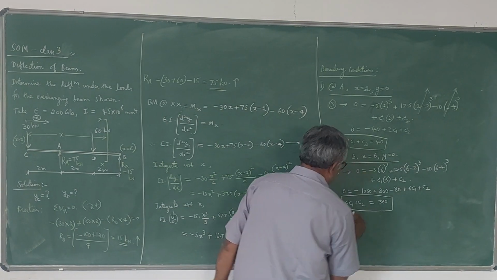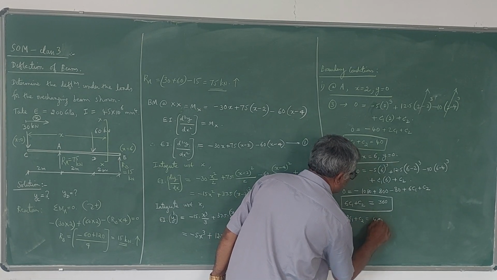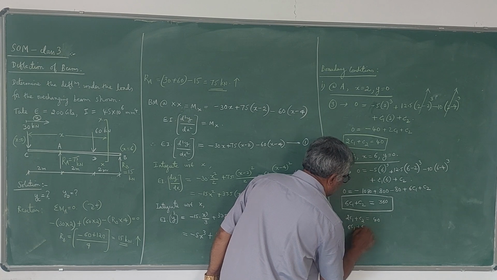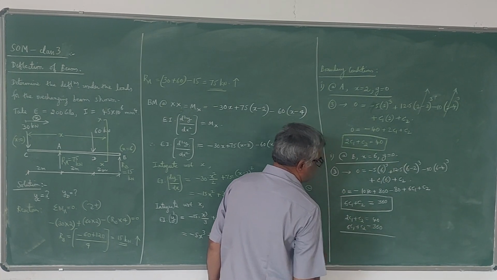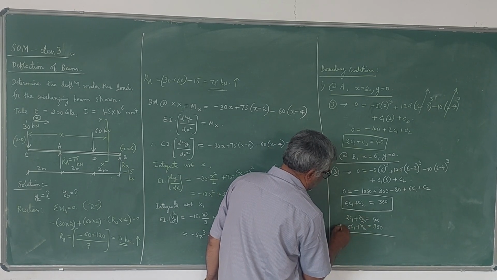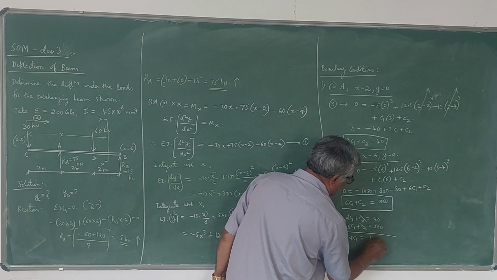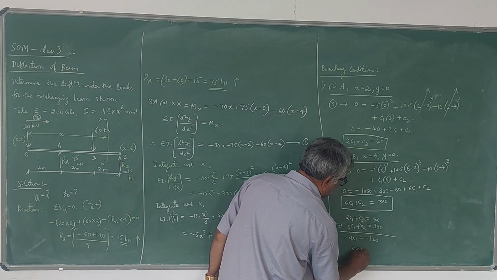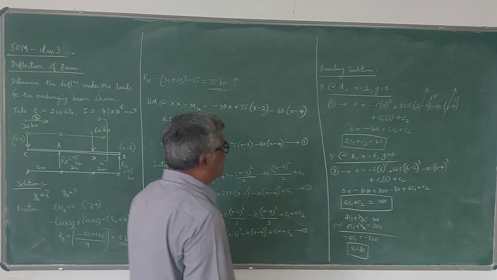So 2c1 plus c2 is equal to 40, 6c1 plus c2 is equal to 360. So if you subtract one from the other, this c2 will get cancelled. So it becomes minus 4c1 is equal to minus 320. So c1 is equal to 80. So we get the value of c1 as 80.